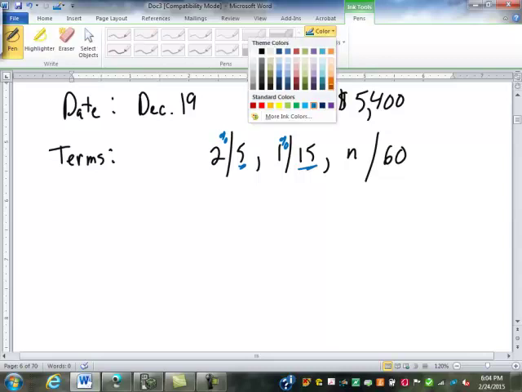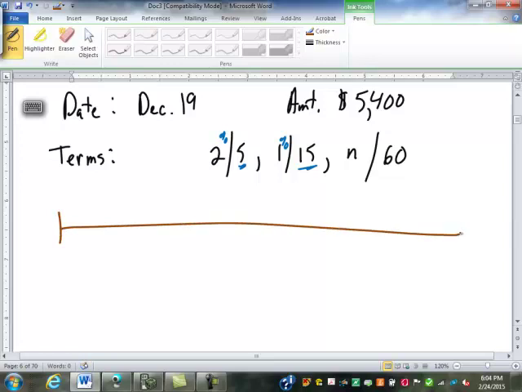Let's start out by setting up our timeline. This timeline starts on what date? December 19th. And then our first day after that is how many days? 5 days, which would be December 24th. Nobody's working, out of luck. Then after that it would be day 15, so we've got to go back to December 19th.